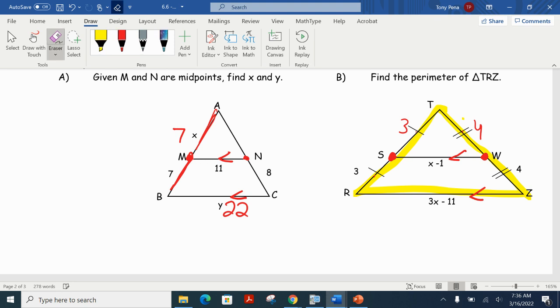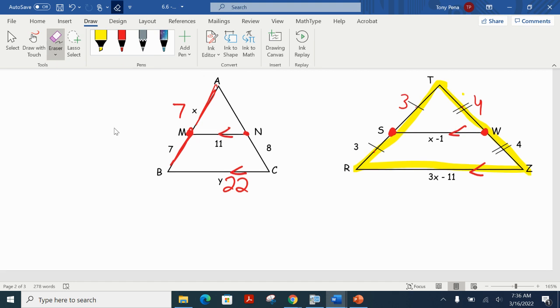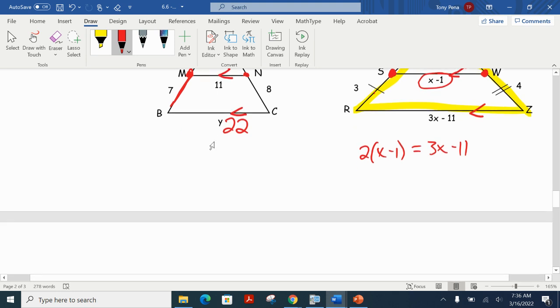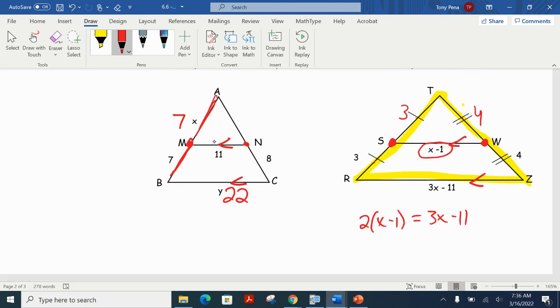All right, so in order to do this, let's set up our equation right here. What we would want to take is I would need 2 of these. 2 of those x minus a 1 would be equivalent to that 3x minus an 11. Okay, because again, this guy is twice as big. So again, if this was 5, this was 10, I would need to double that to make it equal that other side.